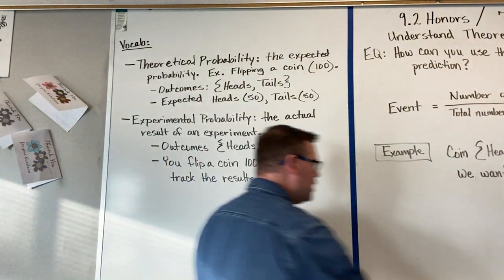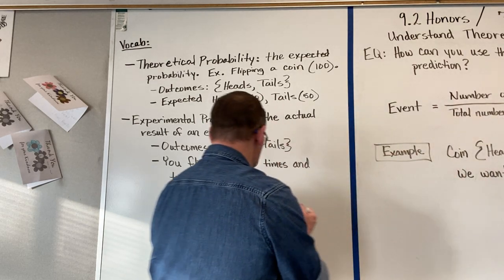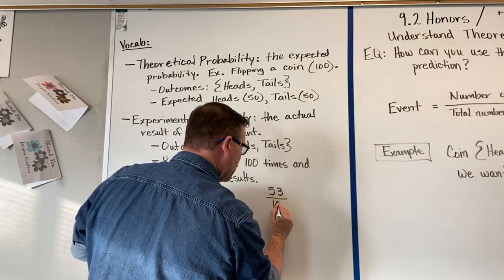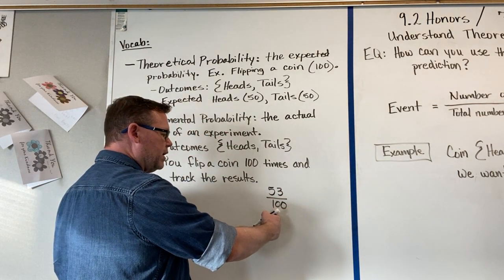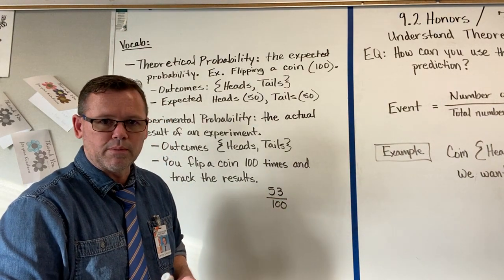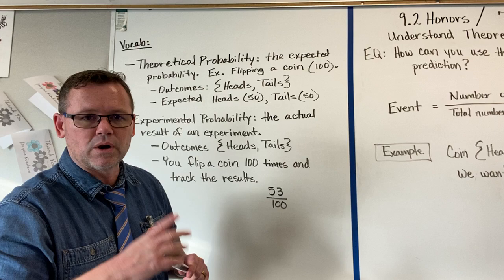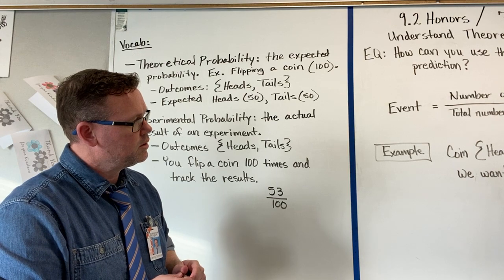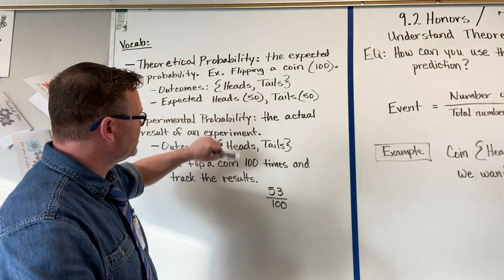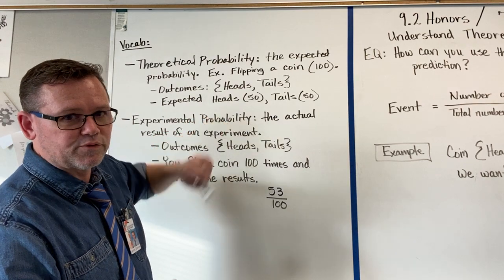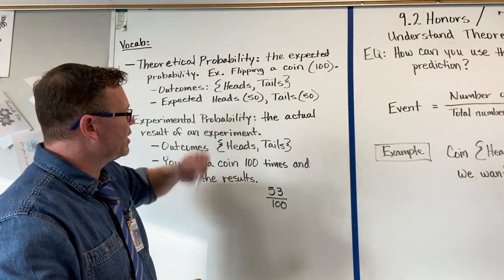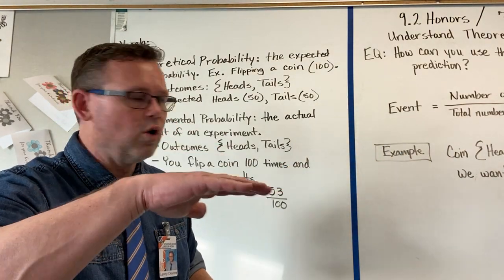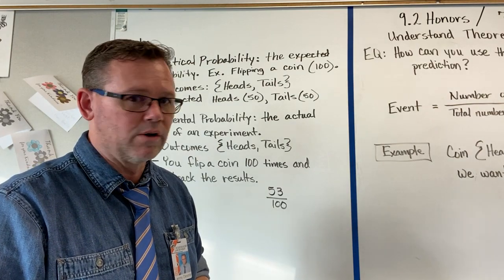So if I ended up getting, I'll show you real quick, 53 heads, I would put 53 over 100 because that's how many times we flip the coin, which would end up being a 53% probability, which would be an experimental probability instead of a theoretical probability. Okay? All right, so hopefully that makes a little sense. We have to actually perform an experiment for experimental probability. Theoretical probability is just based on, like I said, number of favorable outcomes over total number of possible outcomes.